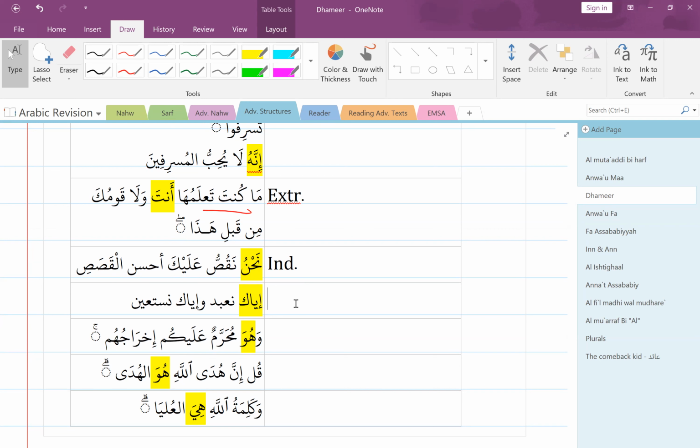How is it attached to na'budu? It should have been na'budu ka, right? If it was na'budu ka, it would actually be attached. We'll call it attached because it's actually attached. But is it really attached? No, this is independent now. This is because of the khas, right?